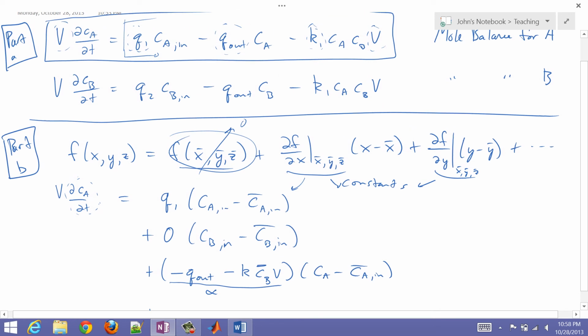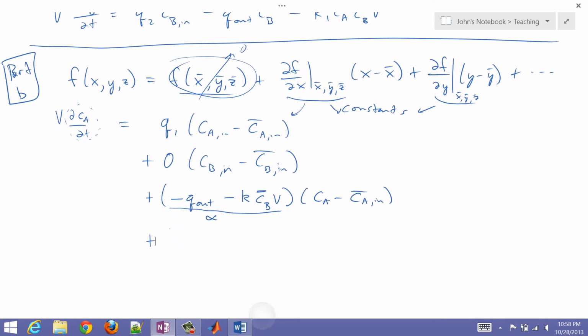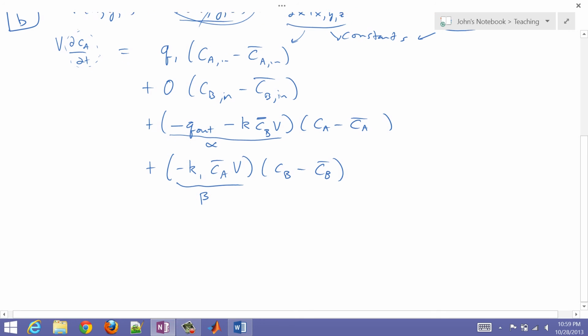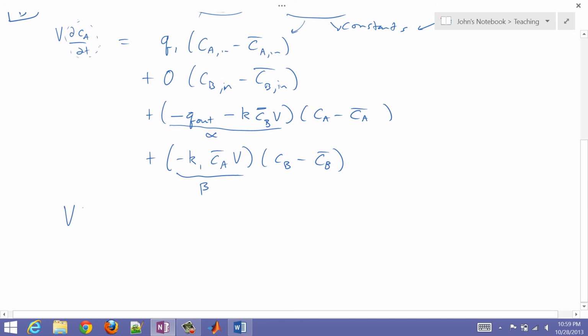The only CB that exists is in the reaction expression, so that's going to be negative K1 times CA bar times V, and that's CB minus CB bar. Now I have my linearized expression. I'm going to call this one beta. So I have alpha and beta. Let me write out my linearized expression for A.